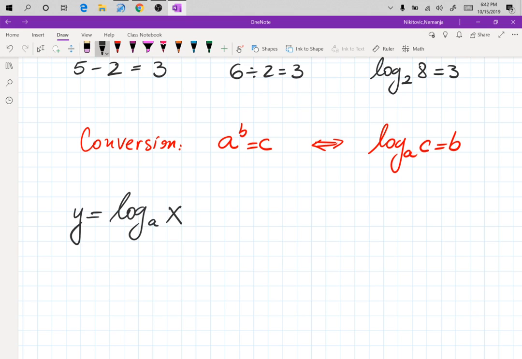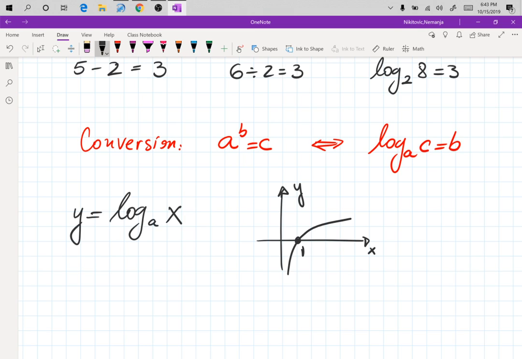So the log function would graph like this, going through the number 1. And it has a vertical asymptote on the y-axis, which is x equals 0.